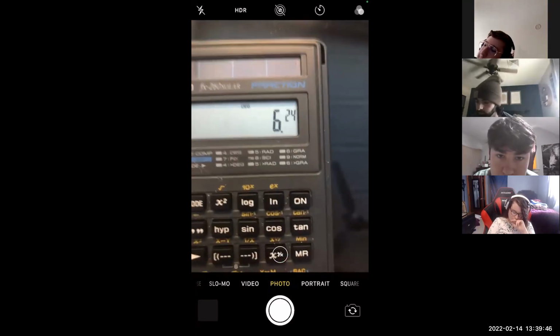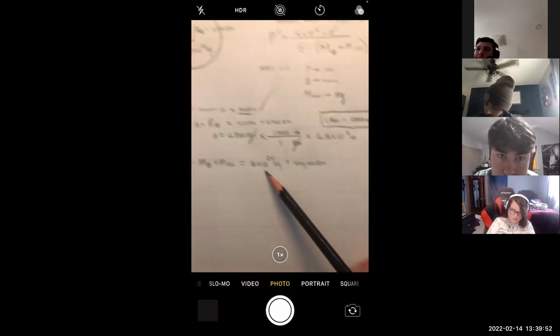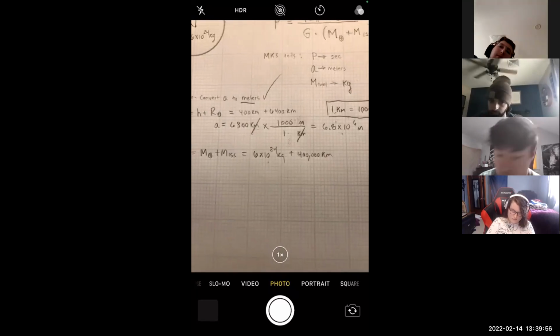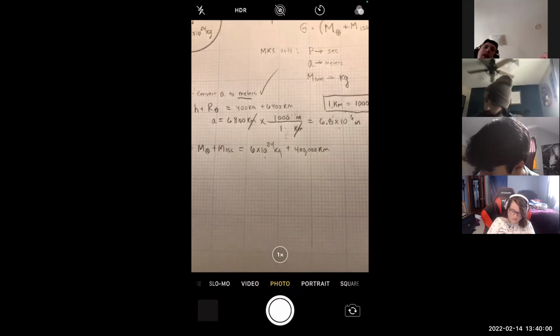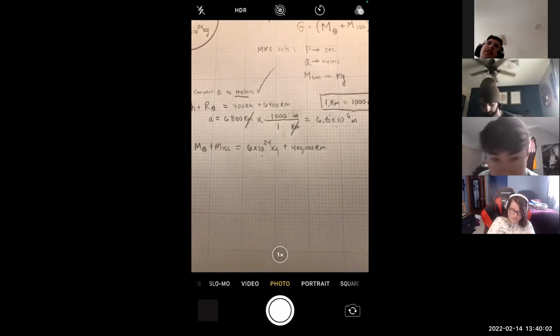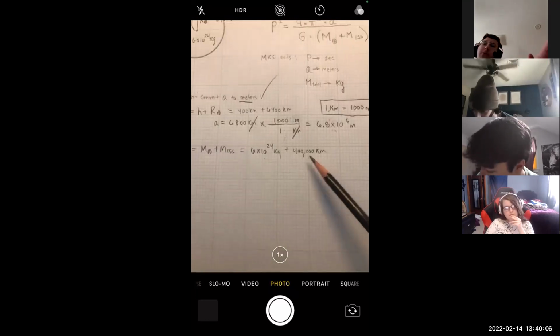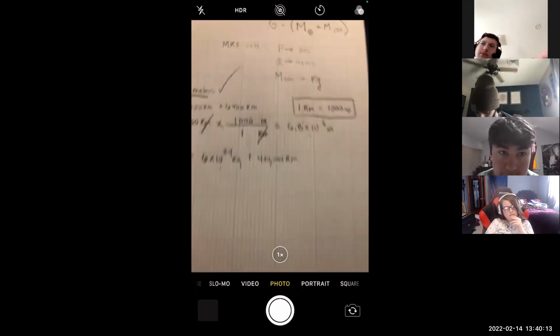If you punch them in, you get 6 times 10 to the 24, which is just the mass of the Earth. What happened there? Six times 10 to the 24 is so many times greater than 400,000 that it makes 400,000 insignificant. Yes, and so this is a trick.